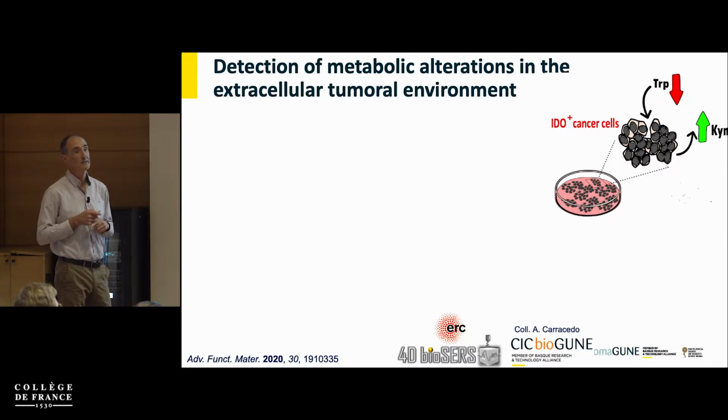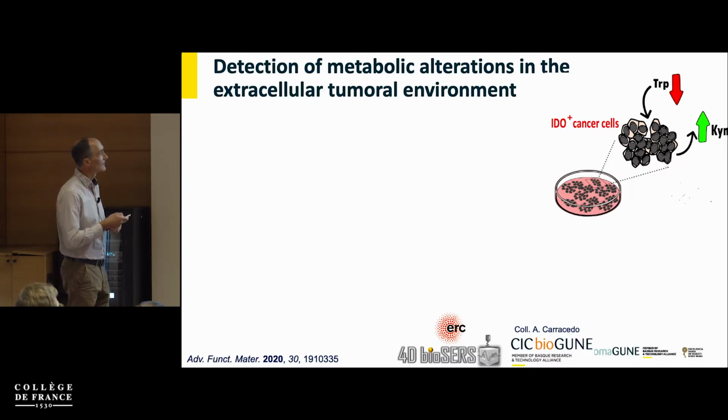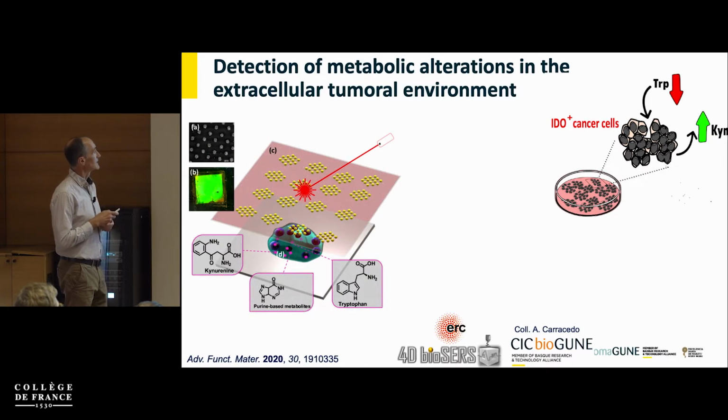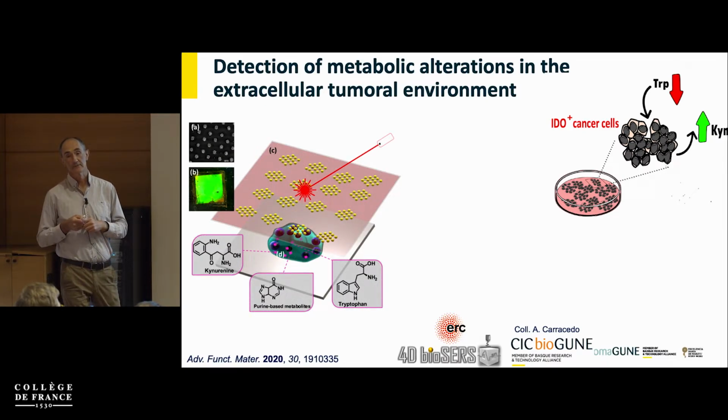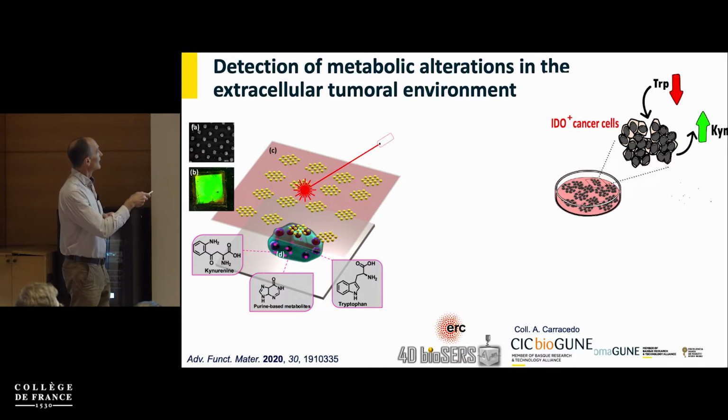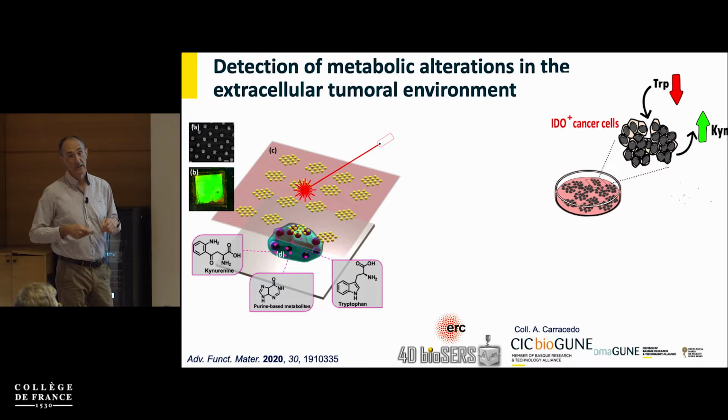So these are two metabolites that are transformed in cancer tissue. The idea is that now we can take samples from the supernatant of the cancer cells, and then with our substrates we should be able to identify both metabolites. This will come later, and to watch how one converts into the other over time.